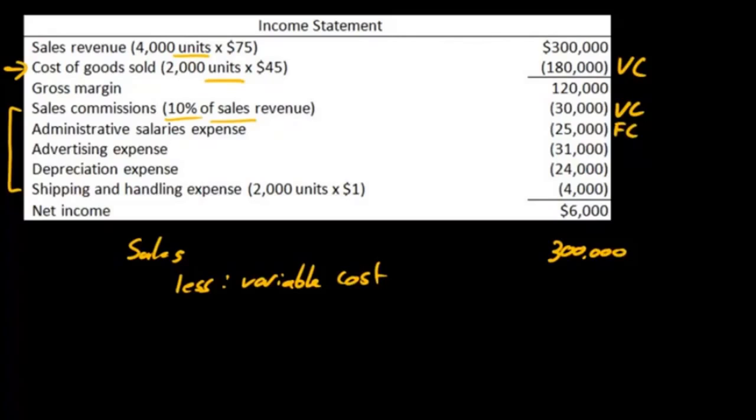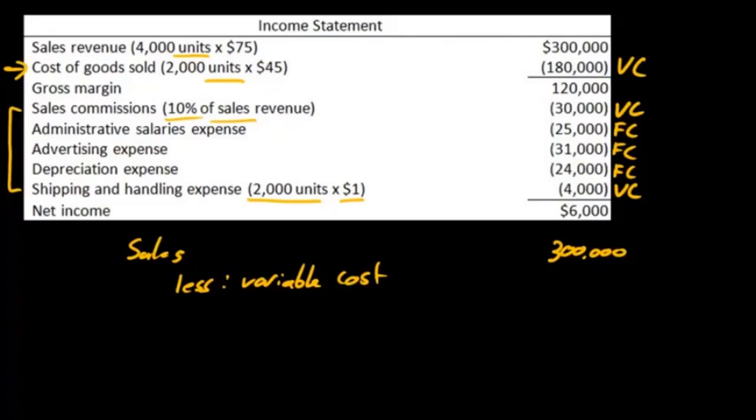Administrative salaries expense, $25,000, that's going to be a fixed cost. It doesn't matter what our sales are, these employees are going to be paid $25,000, right? So it is fixed. Advertising expenses, which is $31,000, this is also a fixed cost. It doesn't matter how many sales we have, our advertising is fixed at $31,000. And depreciation expense, that is also fixed. It doesn't change with volume.